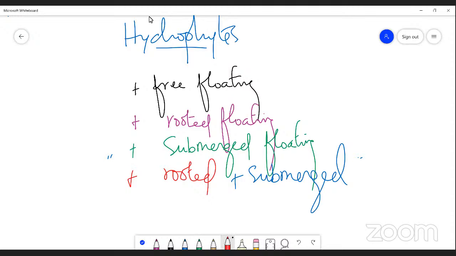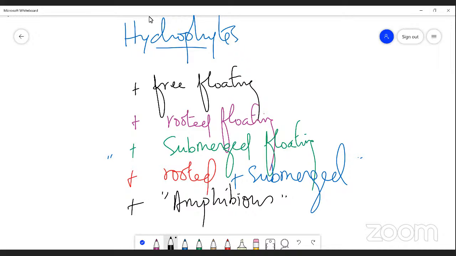And the last type is amphibious or emergent type. Amphibious means the plants are rooted in the mud or soil, and its leaves are floating on the surface of water. That is called amphibious. Amphi means both, so it shows two different morphological characters. If you take the leaves, there are two types of leaves, right?